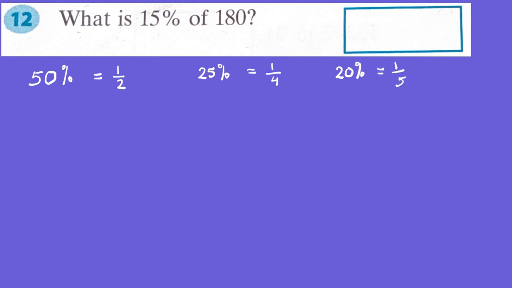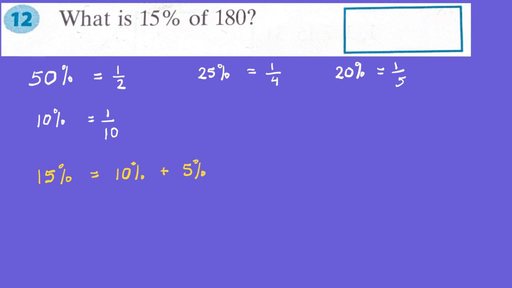And another easy one would be 10%, because 10% would be just 1 over 10. But 15% is not a nice fraction. But what I think of 15%, I can think of 15% as being 10% plus 5%.